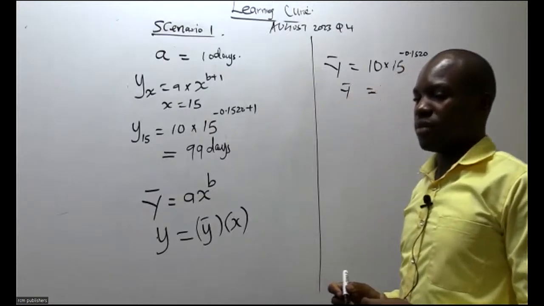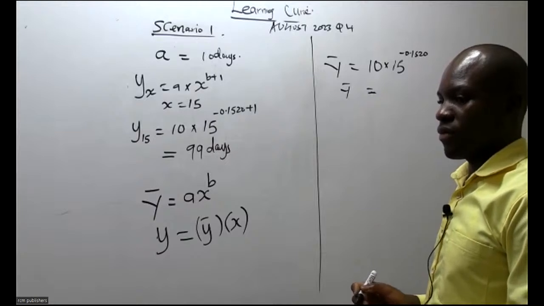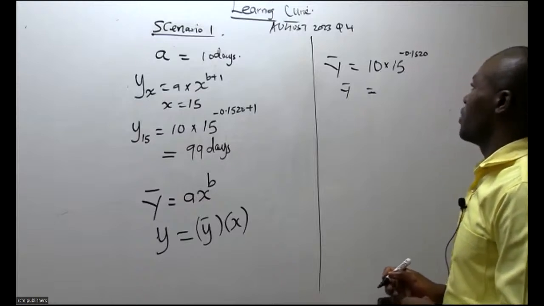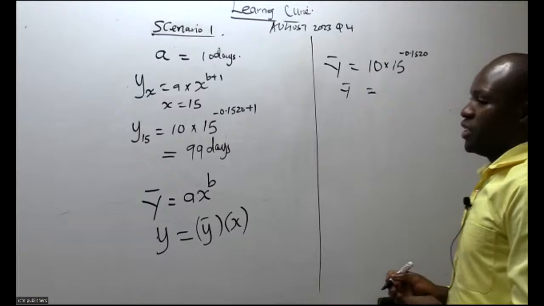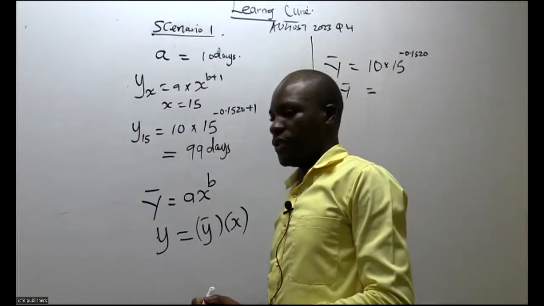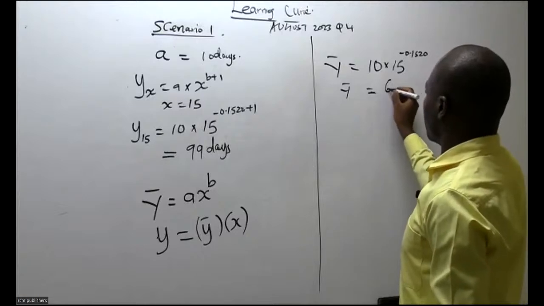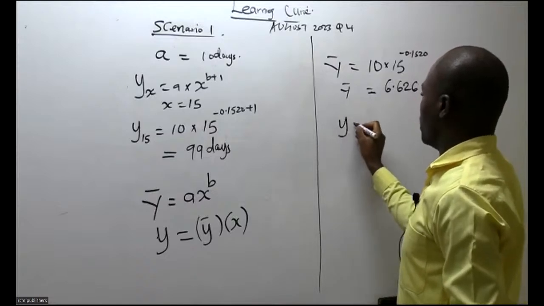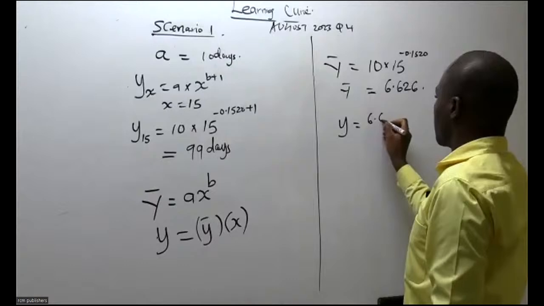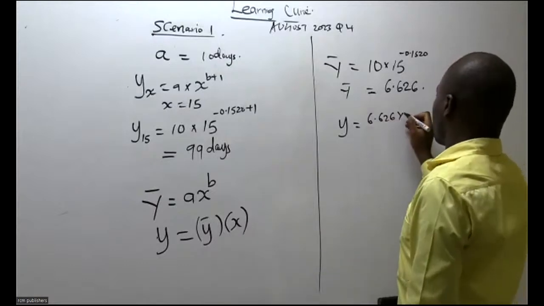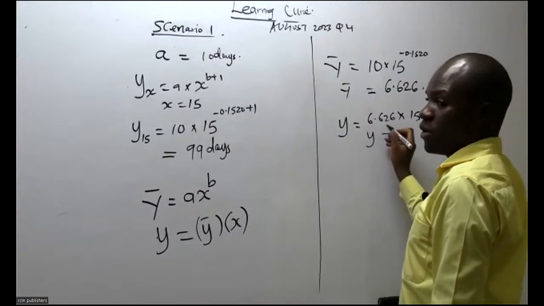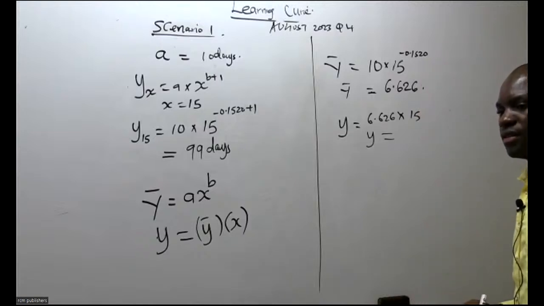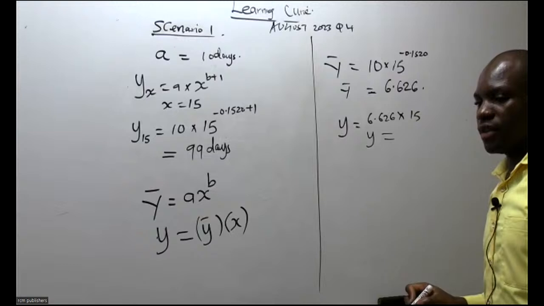The average is 6.626. Give us the value of y, which is equivalent to the average, 6.626, multiplied by x, which is 15. What is the figure?